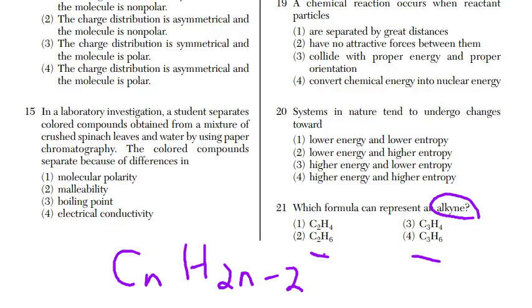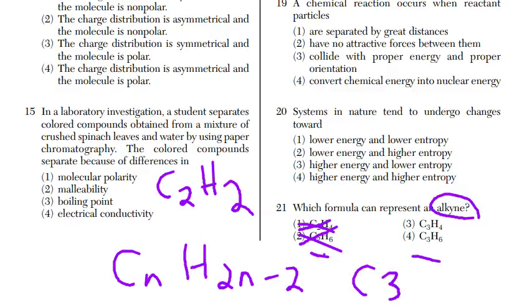If N is equal to 2, that would be C2, and for H, it would be 2 times 2, which is 4, minus 2, which is 2. Well, that can't be choice 1 or choice 2. It doesn't match. It's got to be 3 or 4. Let's try C3 and then H: 2 times 3 is 6, minus 2 is 4. So the answer is choice 3.